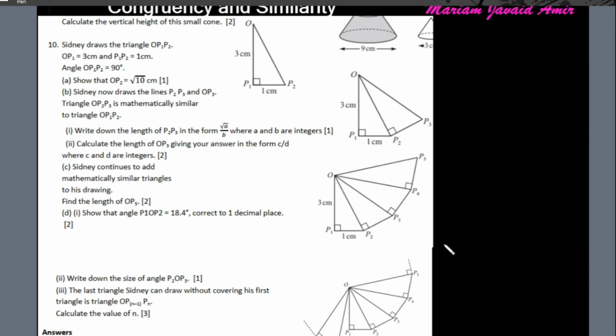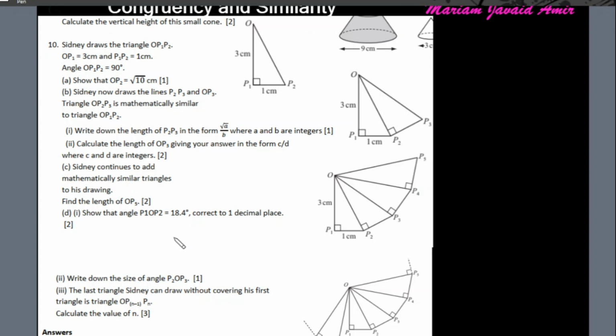So this is multiplied by under root 10 over 3 to give 10 over 3, then again by under root 10 over 3 to get this one. So from here we've multiplied by under root 10 over 3 once and twice, so that we get OP3.